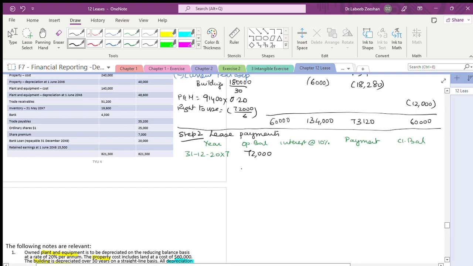Interest is how much at the rate of 10%? 7,200. Payment we are making is how much? 29,000. This is column 1, column 2, column 3, column 4, column 5 equal to 2 plus 3 minus 4. How much will you get?